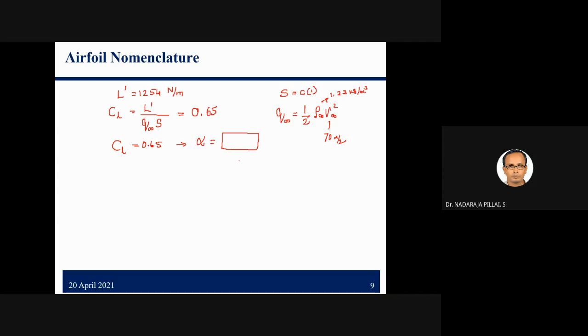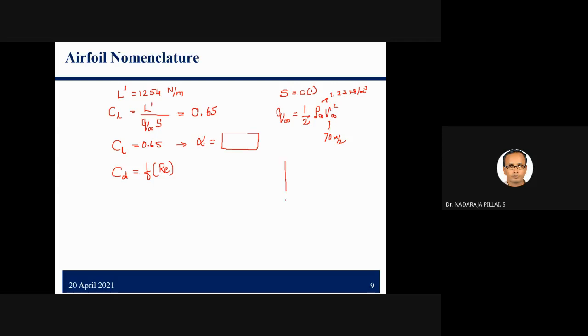We already know that CD, we remember in the last class, we have drawn CD as a function of Reynolds number.